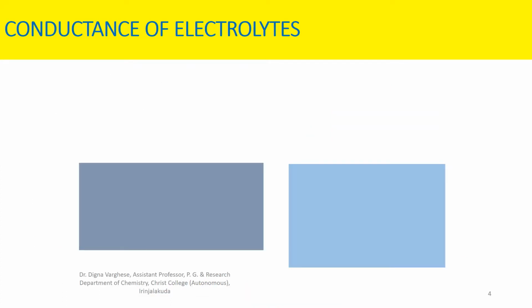Electrochemistry mainly deals with the electrical properties of molten or aqueous systems of substances referred to as electrolytes. It also deals with the interrelation between chemical action and electricity in such electrolytic systems.